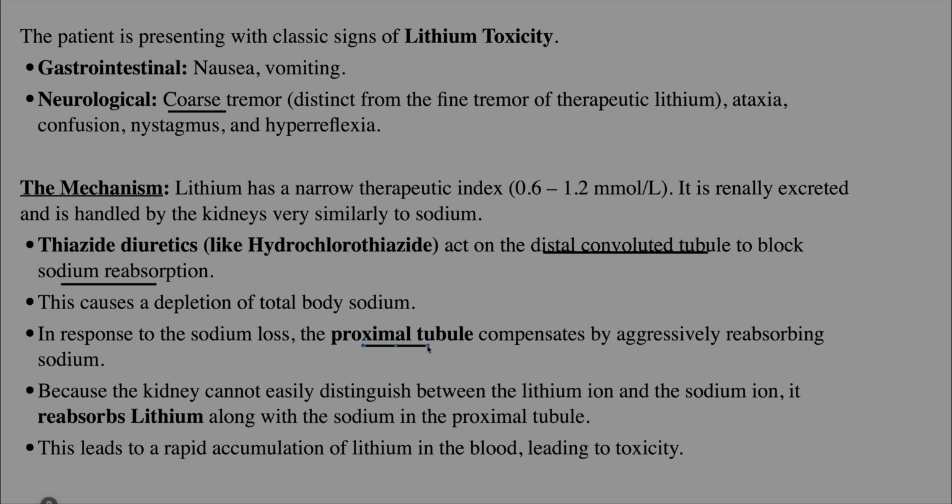It will try to reabsorb sodium to save it. But as we know, sodium and lithium are the best of friends and the kidney literally cannot tell them apart. So the lithium gets reabsorbed alongside the sodium and this causes the spike in the lithium levels in the blood.